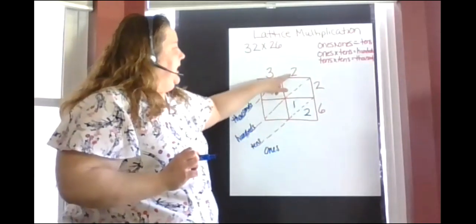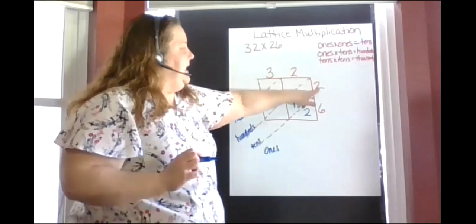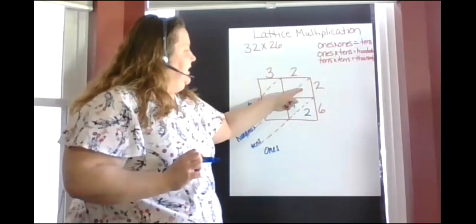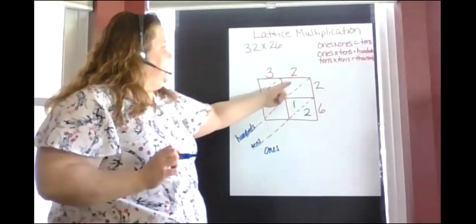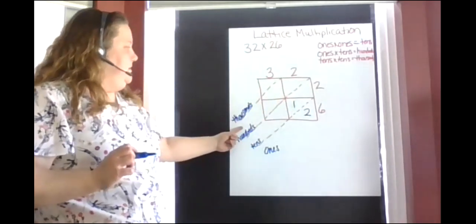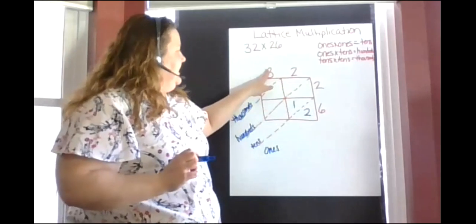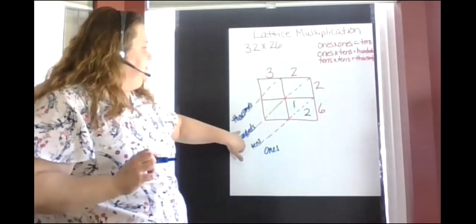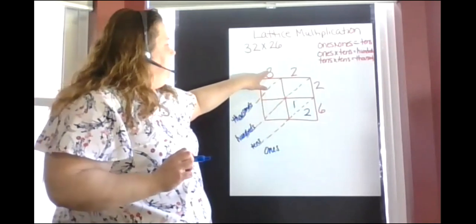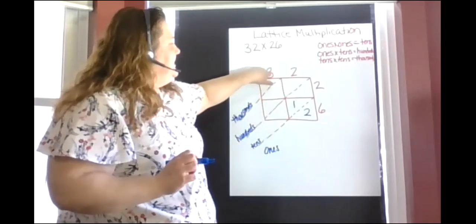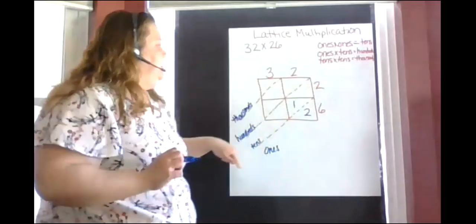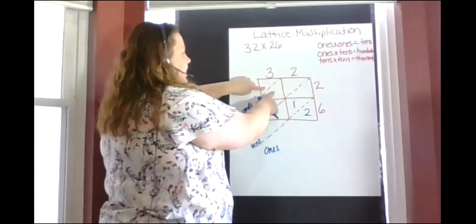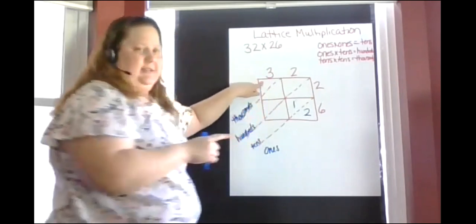When I multiply a ones digit by a tens digit, I'm going to get things that are in my tens and in my hundreds. When I do, again, tens times 1, I'm getting something in my tens place and my hundreds place. And if I'm multiplying a tens digit times a tens digit, I could get something that's either in the hundreds or up into the thousands.